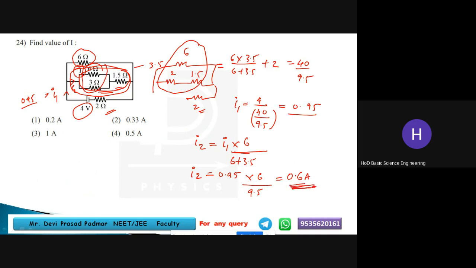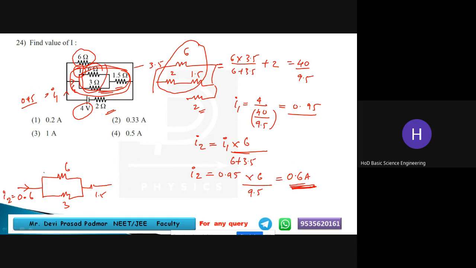I2 is 0.6 ampere. So our requirement is I. Again, you have to apply it. This is 0.6, right? Now this one is 6, and this one is 3, and here you have 1.5.